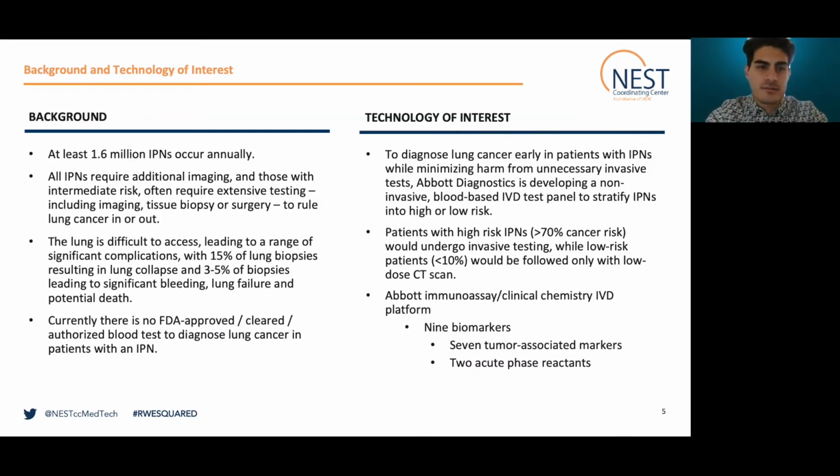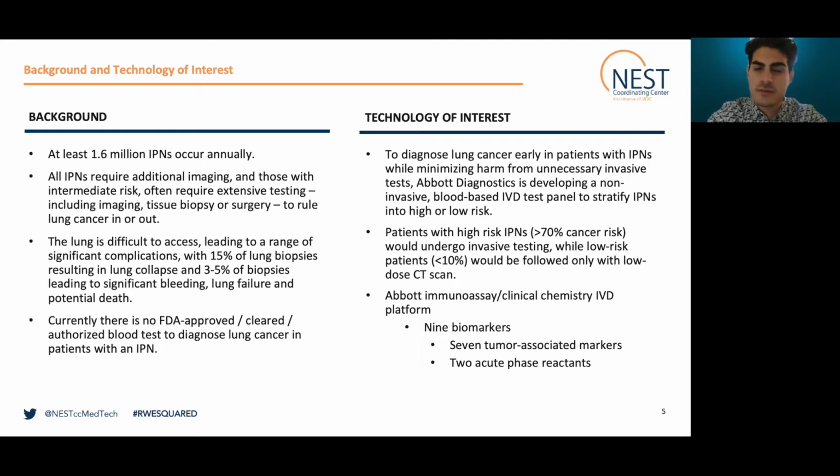Now we'll discuss a little bit of background information on the disease area of interest, as well as the technology of interest. IPNs occur over 1.6 million times annually, and are typically classified into low, indeterminate, and high risk nodules. Those classified as indeterminate usually require extensive testing.